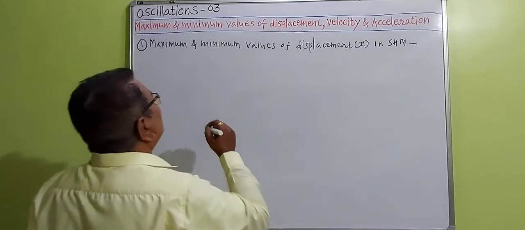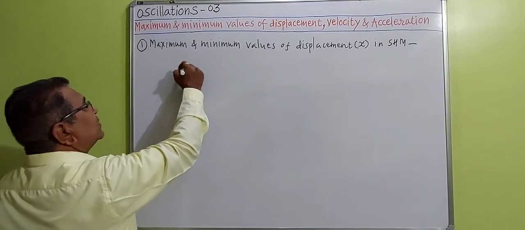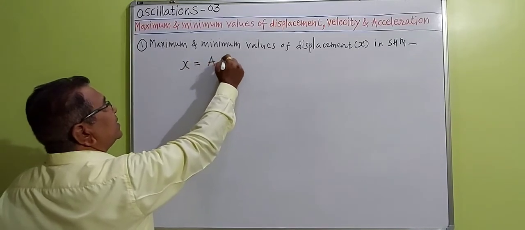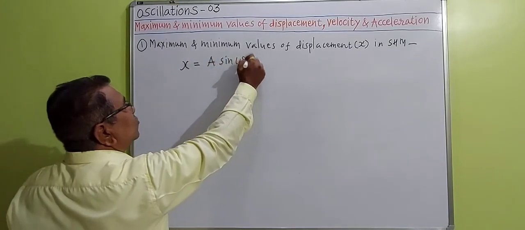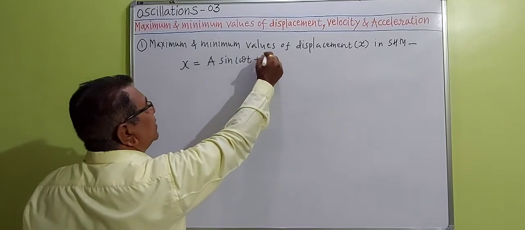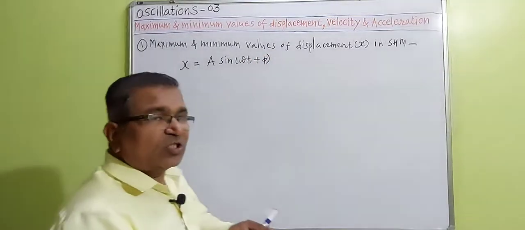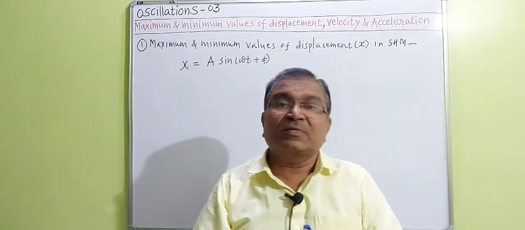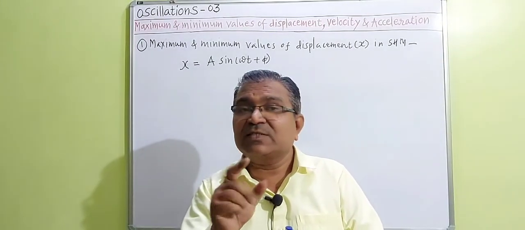Okay, so we know the equation of displacement in SHM: x is equal to capital A sine of omega t plus phi. This is our general equation of displacement. Now listen carefully, dear students.